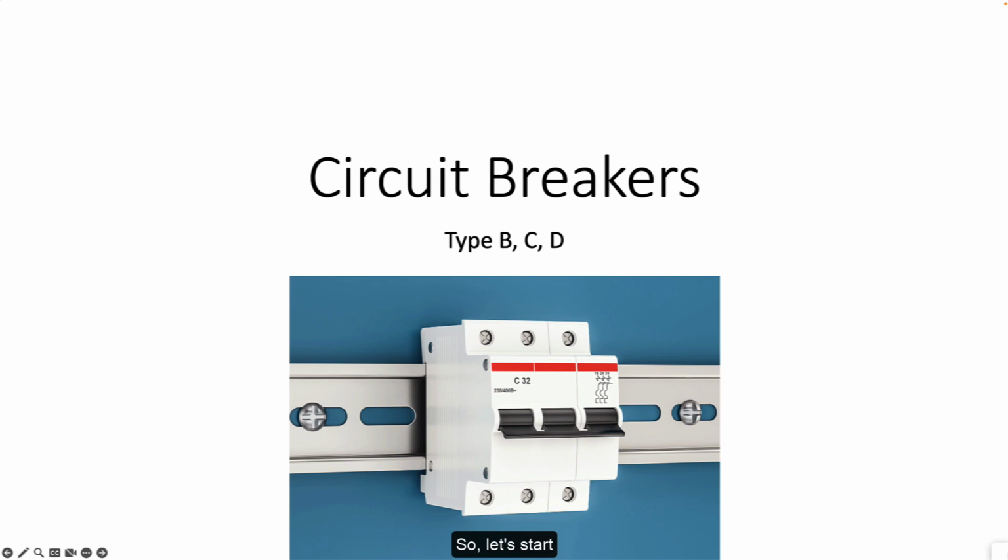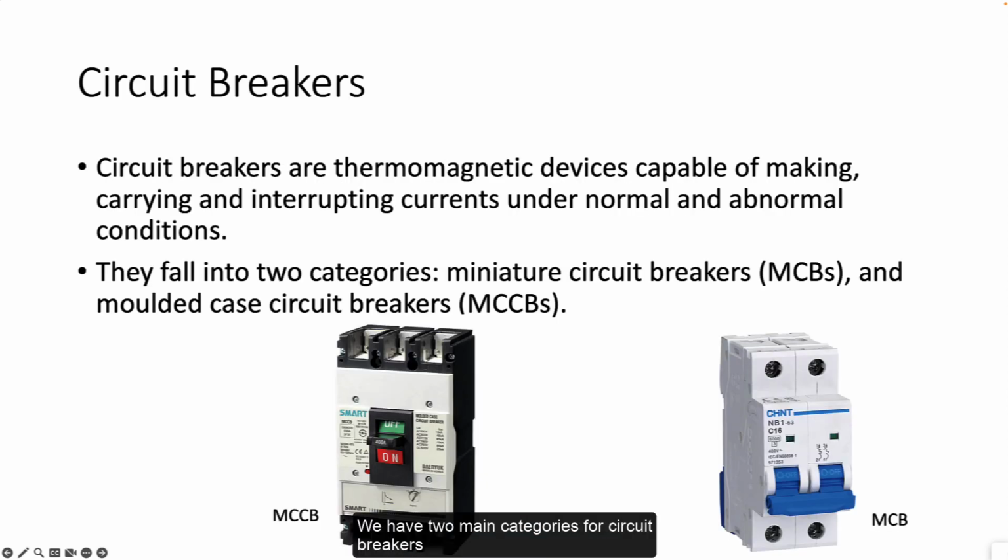So let's start. We have two main categories for circuit breakers: miniature circuit breakers (MCB) and molded case circuit breakers (MCCB). Circuit breakers are electrical devices designed to protect electrical circuits from damage caused by excess current.